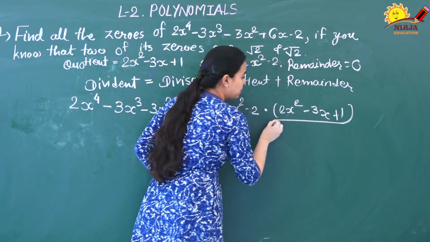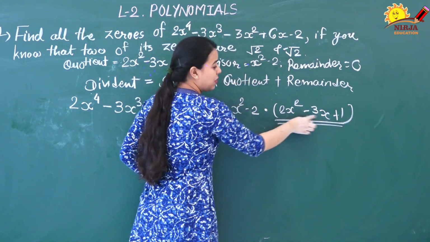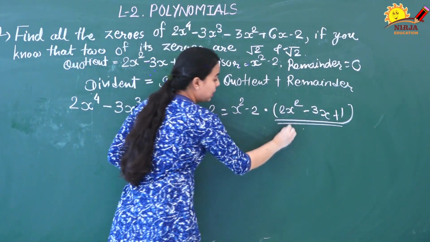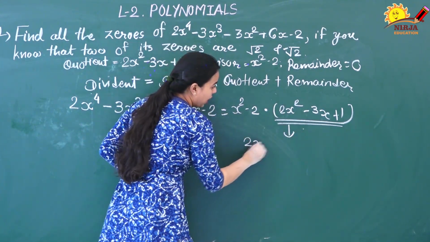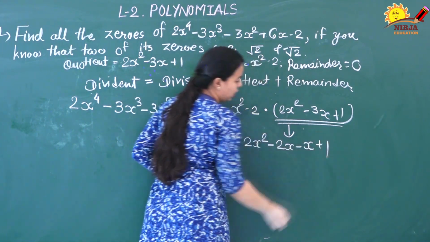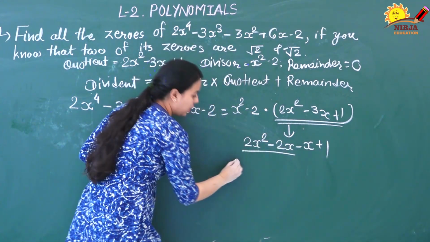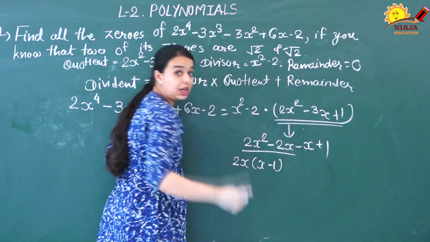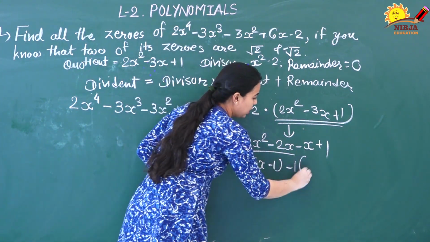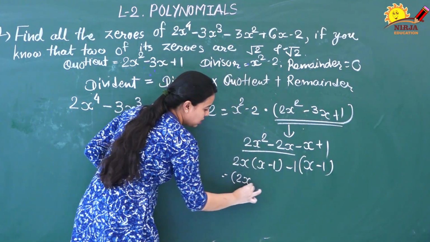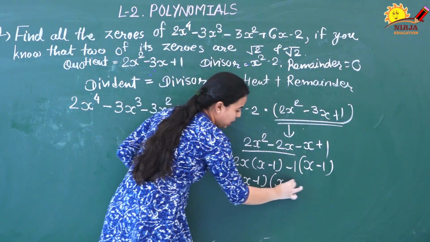Now if we split this minus 3x and find the factors of this, it will be 2x square minus 2x minus x plus 1. Let's take 2x common over here. What will be left? x minus 1. And here I am taking minus 1 as common. What will be left? x minus 1. So we can write (2x minus 1)(x minus 1).